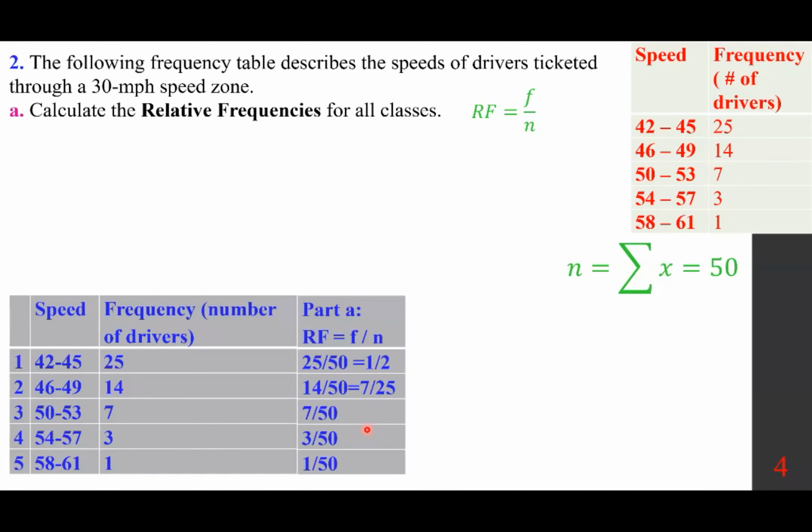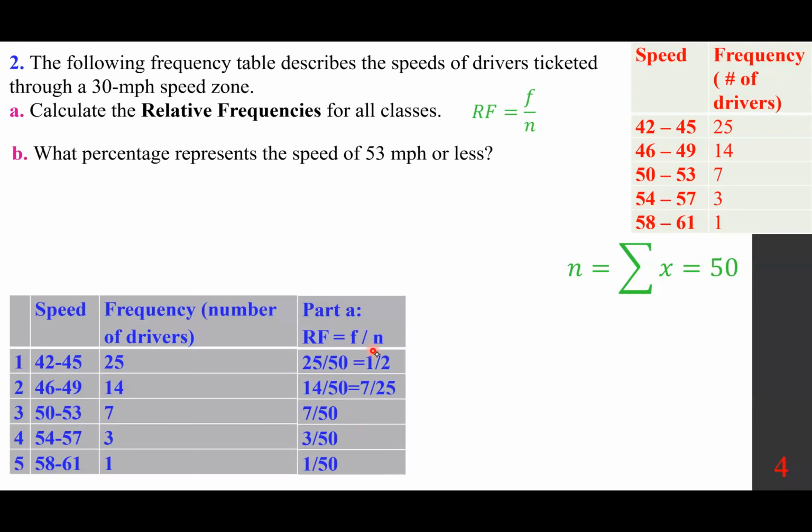Now, those are relative frequencies. If they want percent relative frequency, you can change them, but if they don't, you're fine. What percentage represents the speed of 53 miles per hour or less? So you look up that 53 miles per hour is the upper limit of the third class. So 53 miles per hour or less means this, as well as this one, all of them are less than 53.